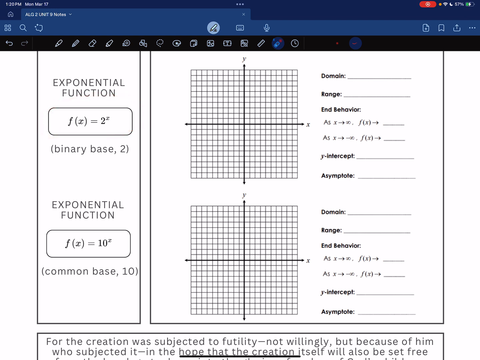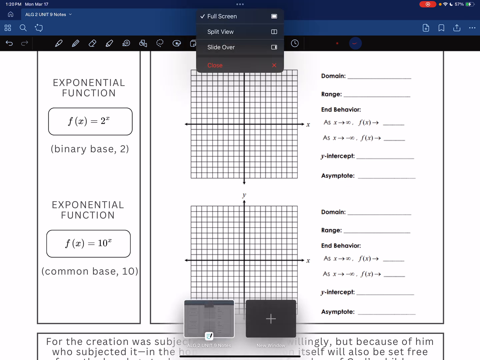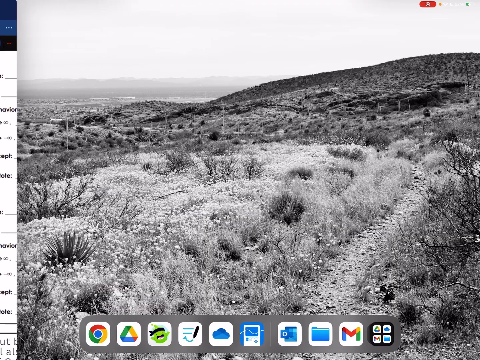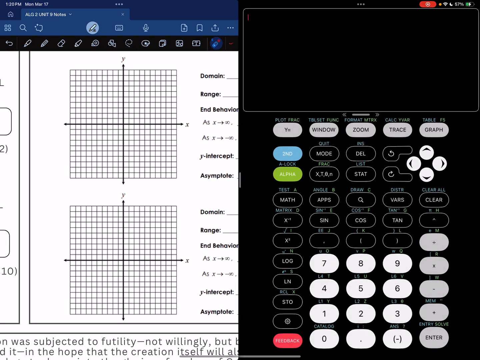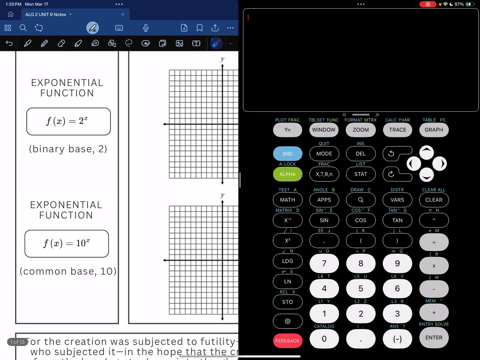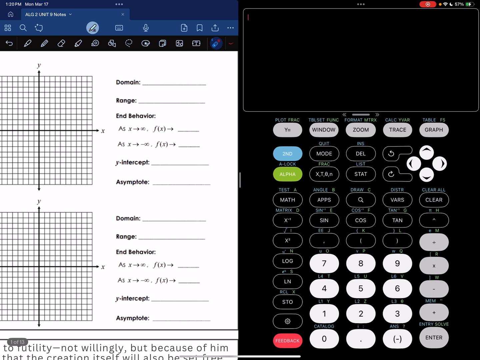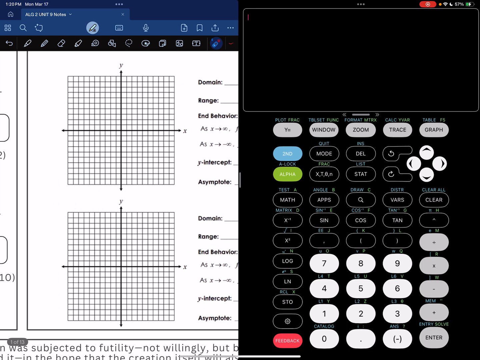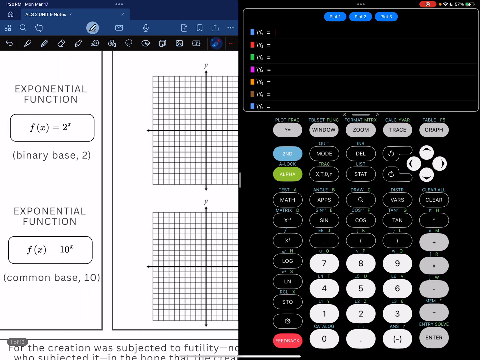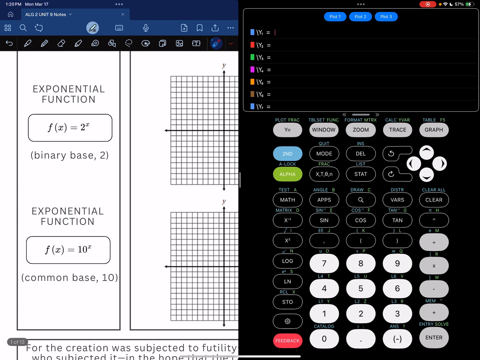So let's go ahead and graph that function. If you don't have your graphing calculator, make sure you grab that now, or grab a digital version of one, so that we can go ahead and graph this function and look at some of its key features and see just what this graph looks like. Go to y equals, and we'll go ahead and type in 2, and we'll raise it to the x power.